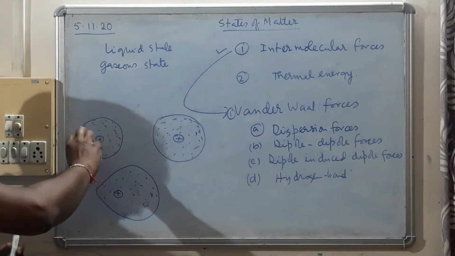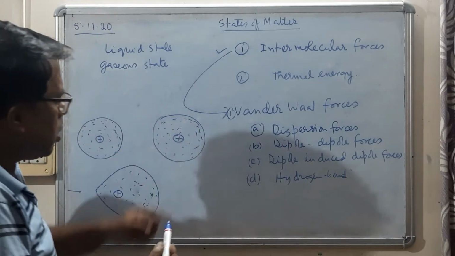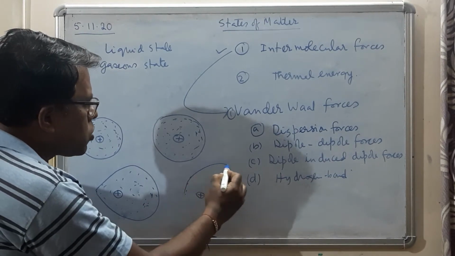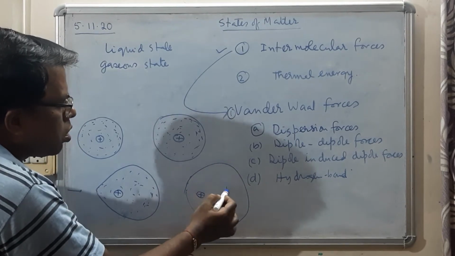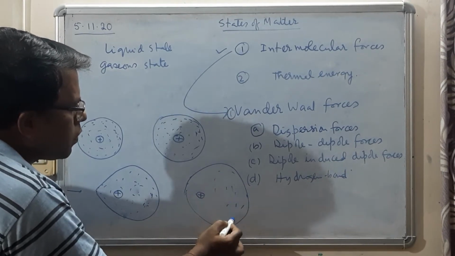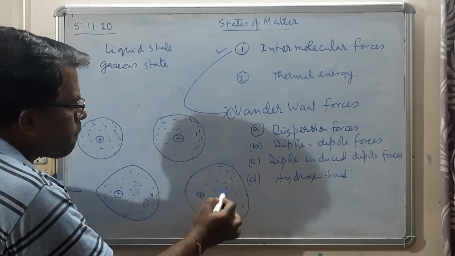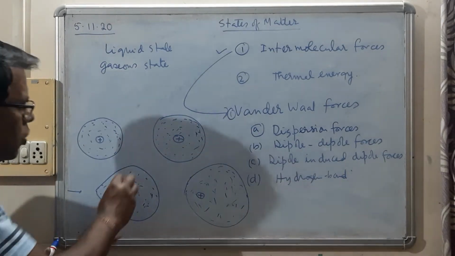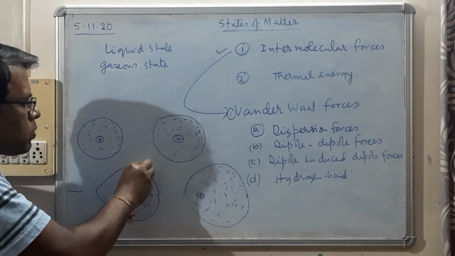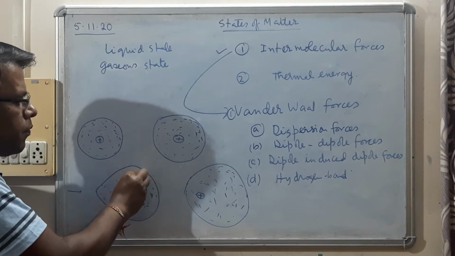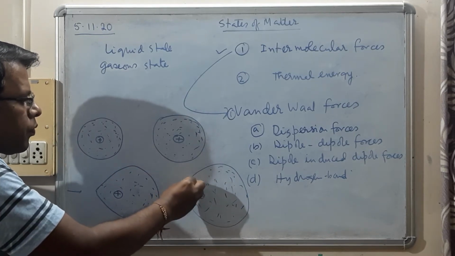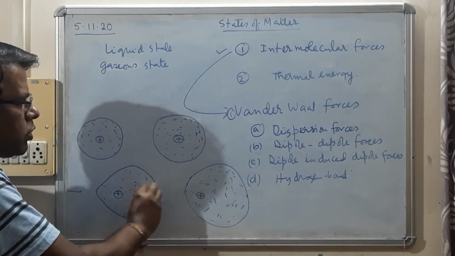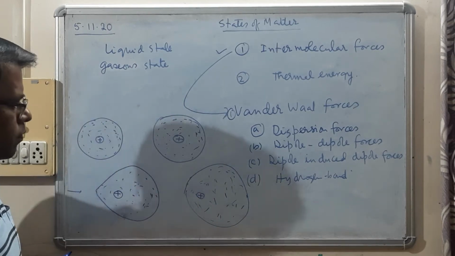Suppose it became like this, and say here also the distribution of electron becomes like this. So here, since there is more electron, this portion will have slight negative charge. Here there will be positive charge. So there will now be a sort of attraction which is called dispersion forces.